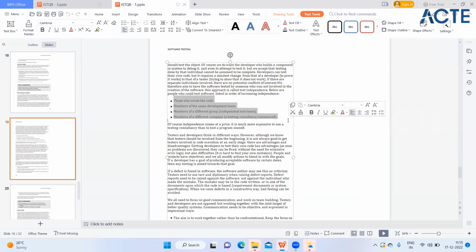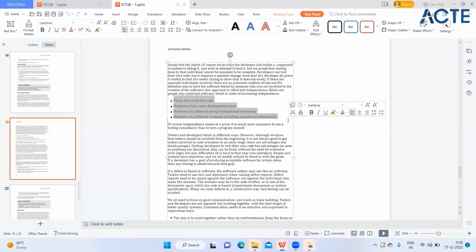Those who wrote the code have the least independence, and after that, members of the same development team, members of a different group, an independent test team, and members of a different company, a testing consultancy or outsourced. So those who are more outside, or more unrelated to our project or product, have more independence. You might get that kind of question, like who has more independence, in terms of the psychology of testing.